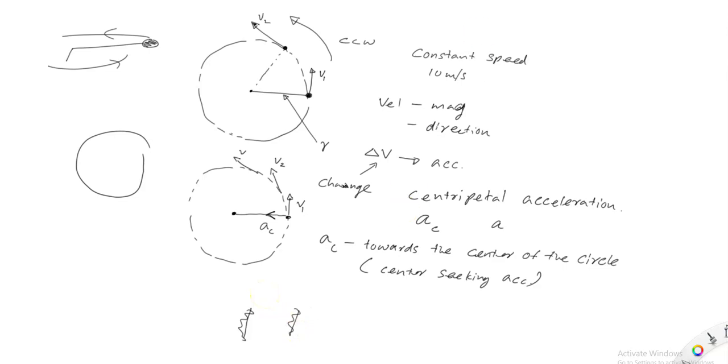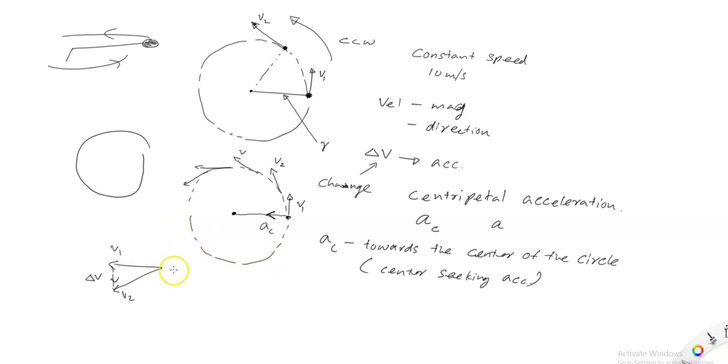Let me erase all this and try again. Let's say it was going this way, now it's pointing this way. So originally it was like this, v1, now it's pointing this way, v2. The change in direction occurred in this direction, the velocity change in this downward direction, delta v. At any given point, the velocity is changing.